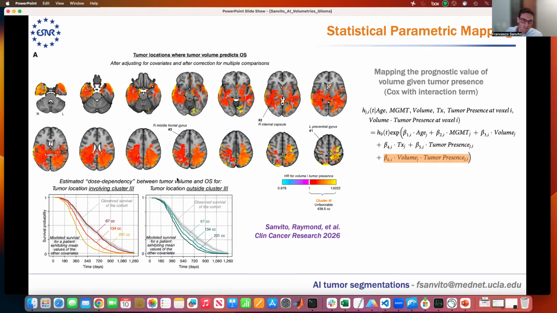You can complicate this further using interaction variables and map, for instance, how a prognostic variable has a different impact on survival in different brain locations. For instance, tumor volume, of course, is associated with worse survival, but in certain brain areas it is associated more strongly with survival and impacts survival much more strongly.